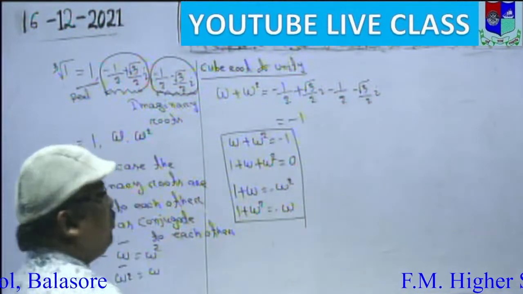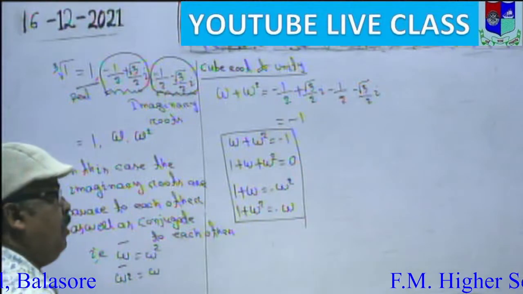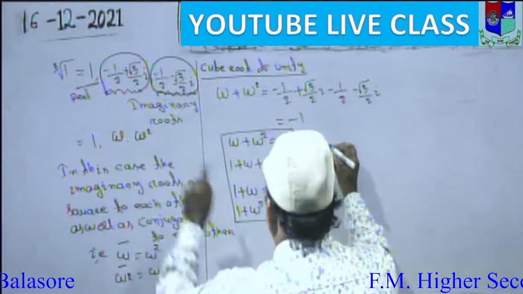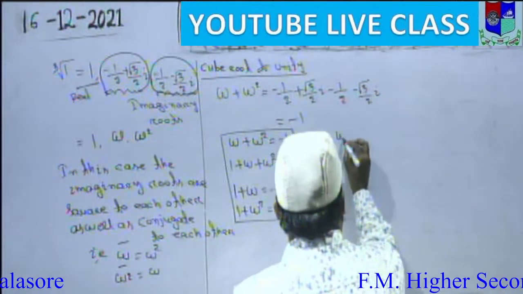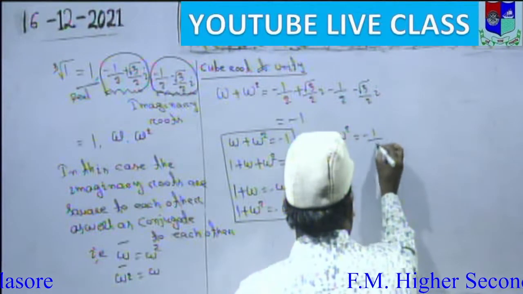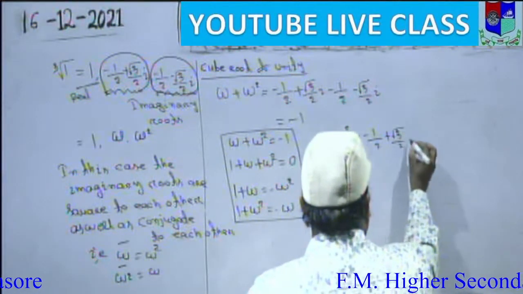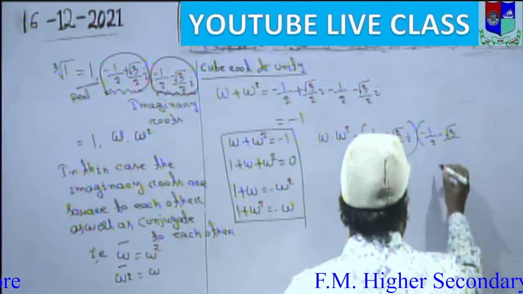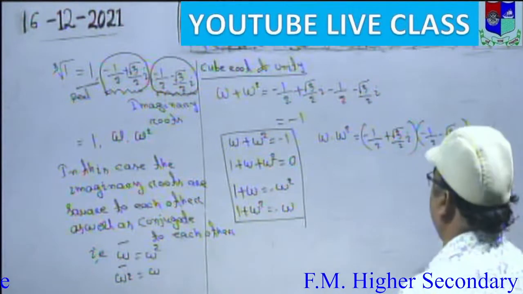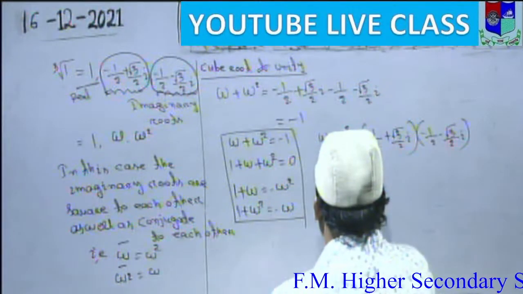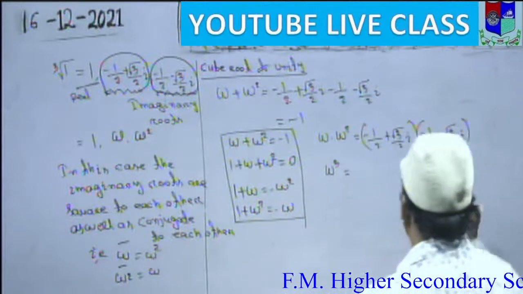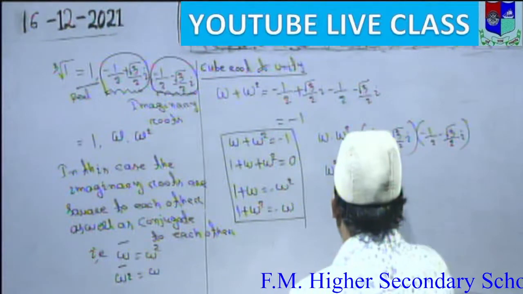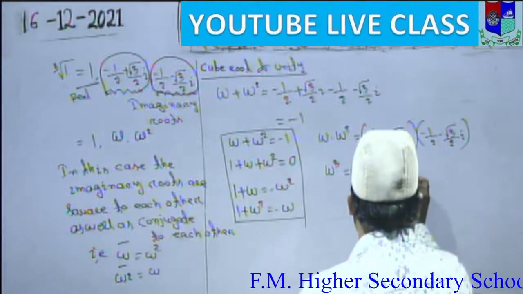From this, omega plus omega square equal to minus 1. Again, I want to multiply these two roots, that is omega times omega square: minus 1 by 2 plus root 3 by 2i with minus 1 by 2 minus root 3 by 2i. So we know it is omega cube, and it is (a plus b)(a minus b), that is your formula, a square minus b square.